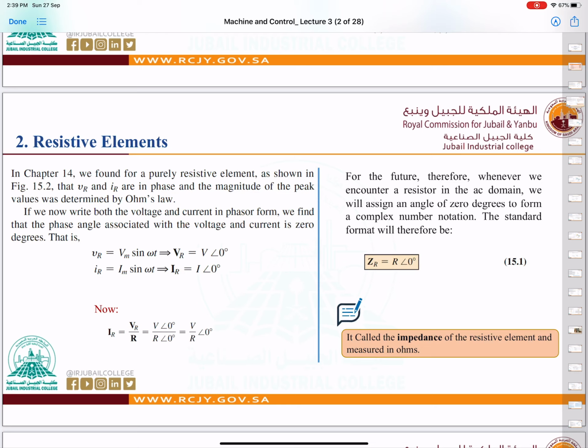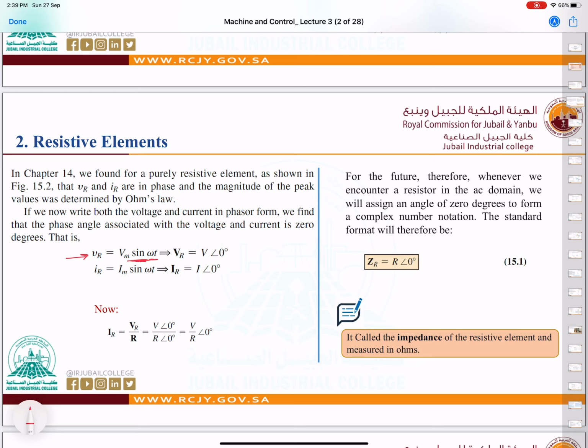If we now write both the voltage and the current in phasor form, we find that the phase angle associated with the voltage and current is 0 degrees. This is the voltage that we already have seen in chapter 14, which is lecture number 2. So VR, the voltage over the resistor, is equal to Vm, which is the maximum, sine omega t.